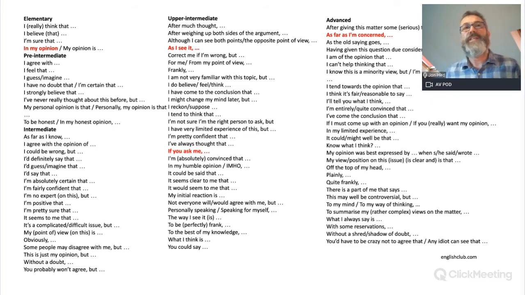These are the ones that ELT tends to teach. They're more familiar, and I think they're pretty useful. And I teach these, which I'm going to come on to in a minute. They're quite neutral. They're not loaded in the way of frankly or any idiot can see that or obviously. They're not bordering on correcting a fact. They're still very much in the realm of opinion, rather than expressing correctness about a fact.